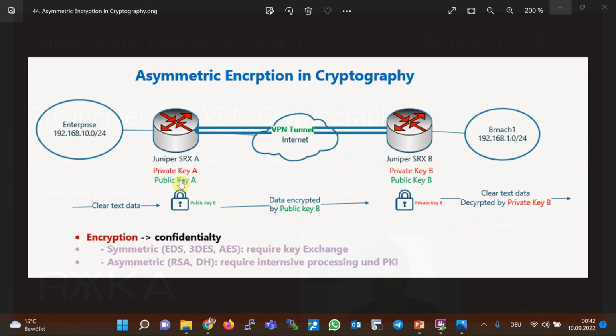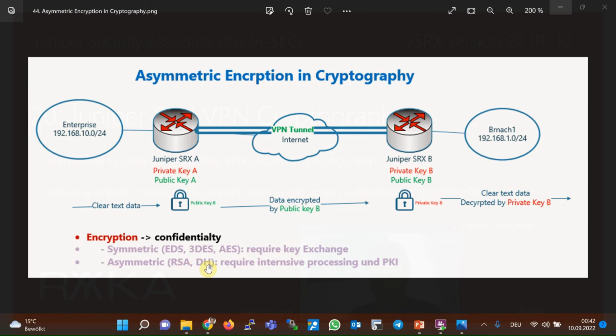The public key is not secret and can easily be transmitted without a secure channel, but the private key must be protected. The data is encrypted using the other party's public key. Therefore, only the other party can decrypt the data using its own private key, which is protected by itself.